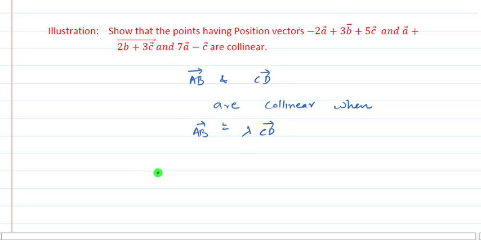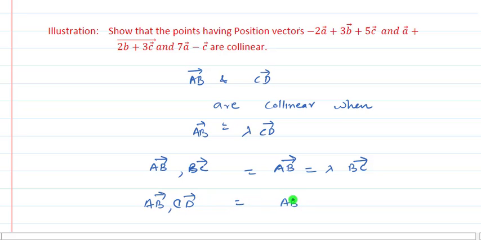One thing more I want to add over here. Let the two vectors be AB and BC, and among these we have a relation, as I told you, vector AB is equal to lambda times vector BC. And the other thing that I have taken here is vectors AB and CD. So two cases may arise with the same condition, AB is equal to lambda times CD. Let me name it as case 1 and case 2.